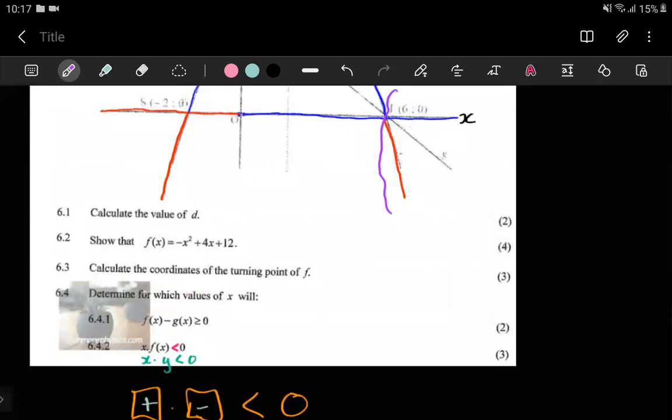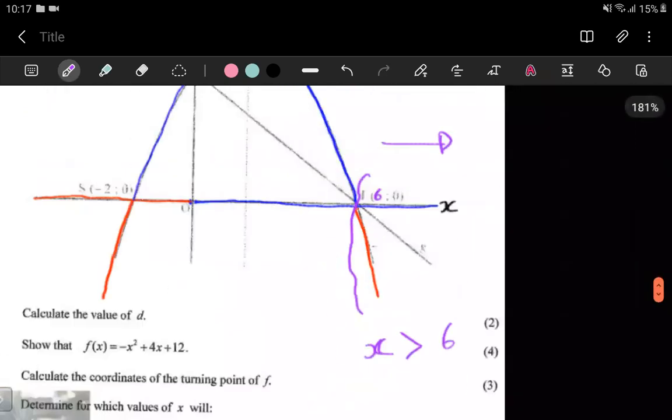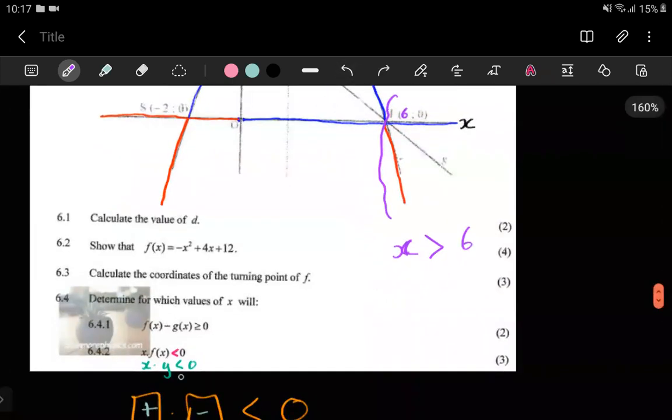So for your answer, you're going to say x is bigger than 6, because we're starting from this x value of 6 going onwards to infinity. We're saying bigger than 6 because specifically at 6, there is a y value of 0 there, and that won't work out because 0 times anything will give us a 0, of which 0 is not smaller than 0. So here we're saying x is bigger than 6.